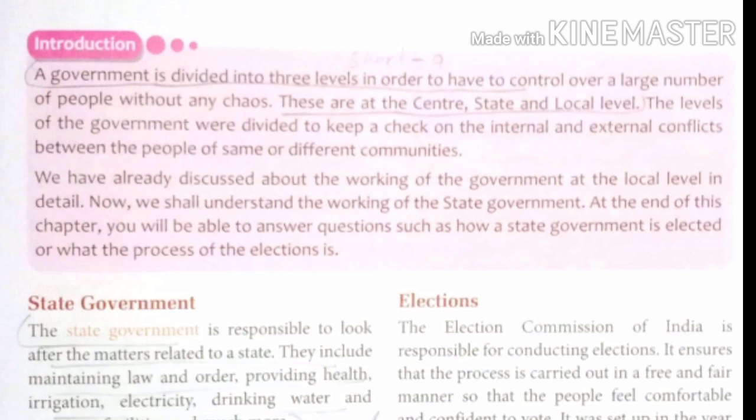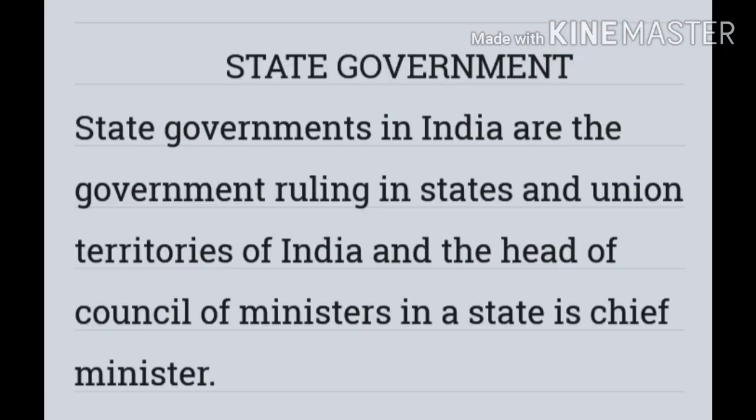The state government is responsible for the matters related to a state. State governments in India are governments ruling in states or union territories of India, and the head of all these state governments is the chief minister.